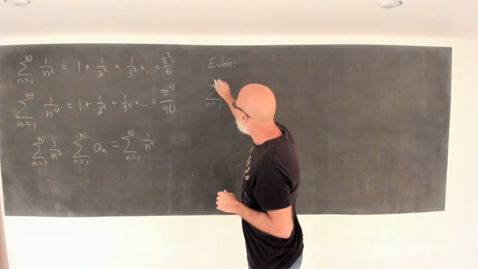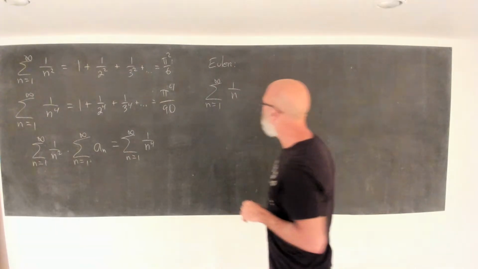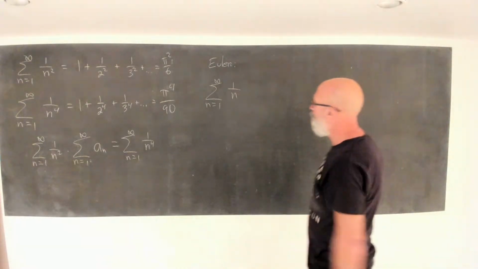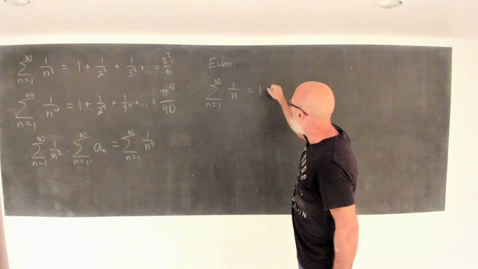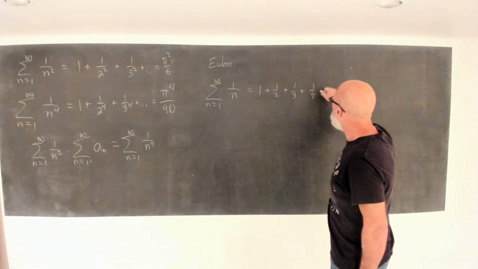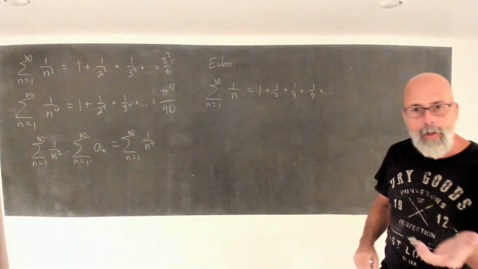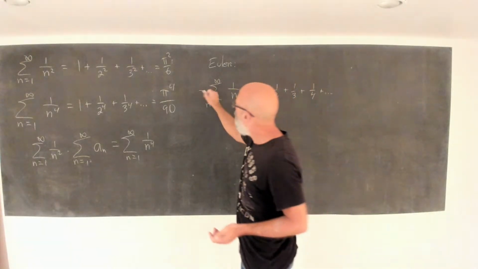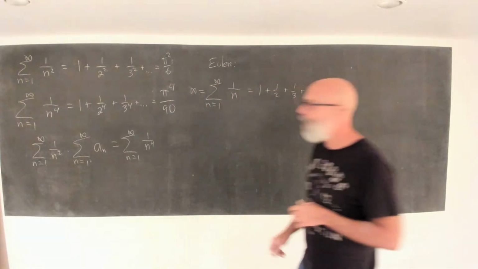Euler starts with the series 1 over n. We've seen this series, right? This is 1 plus 1/2 plus 1/3, and so on. Not only did we see that series, but we also saw that it diverges. So that sum is infinity.